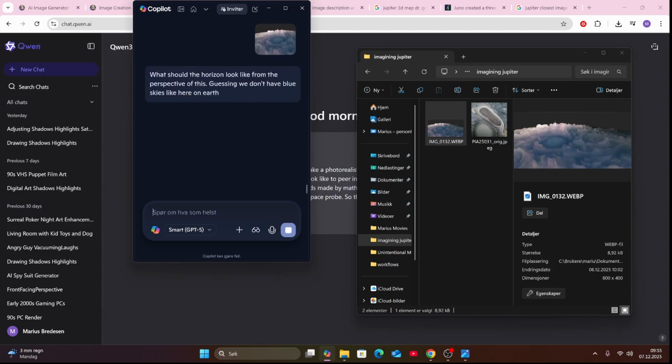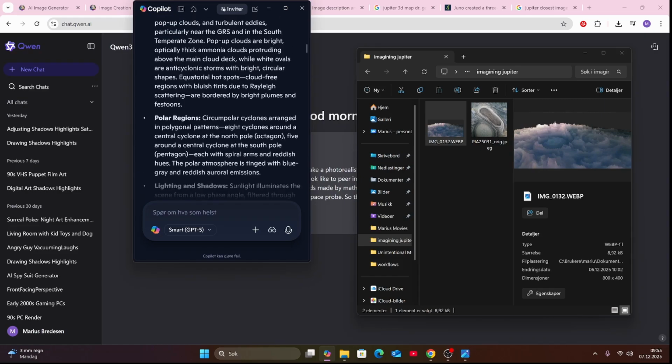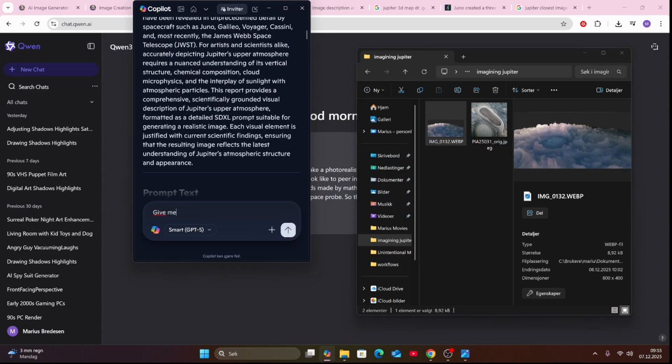Now this is very speculative, and I think the only way to actually know what Jupiter's horizon would look like from amidst the cloud tops would either be if you're some genius scientist or if you had some actual images of it. I'm neither, so I'm using AI, and it's most likely going to be wrong, but I don't care, for the sake of just trying this. Give me a short prompt for the horizon / blue skies.